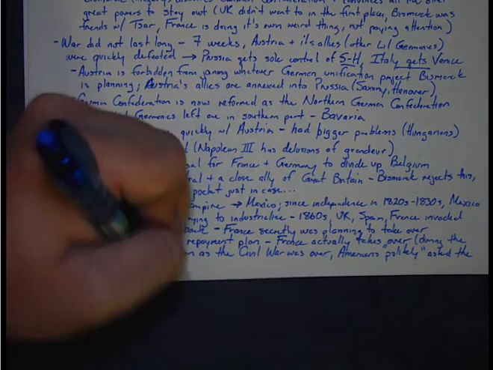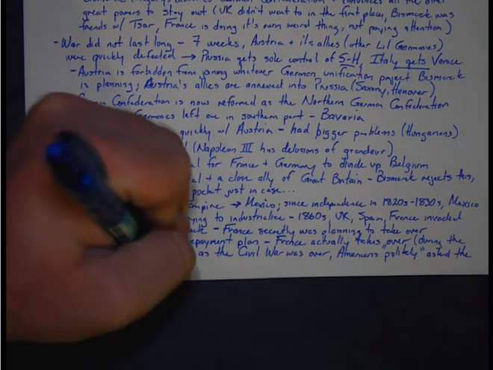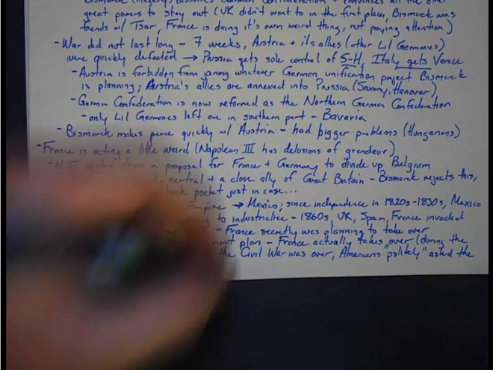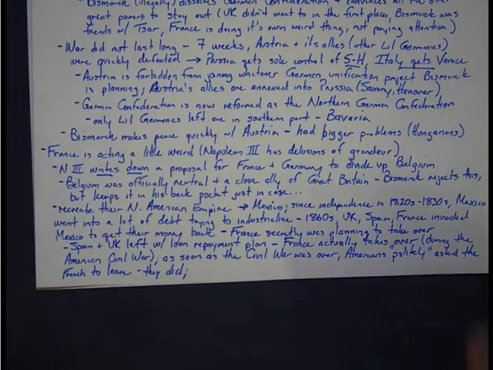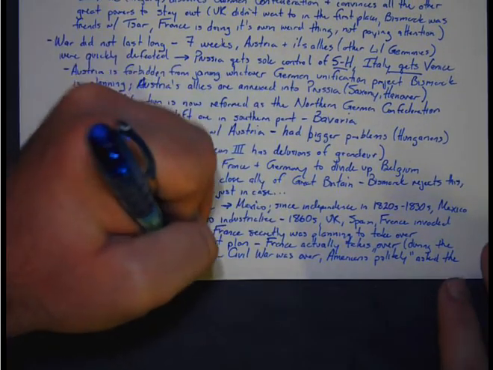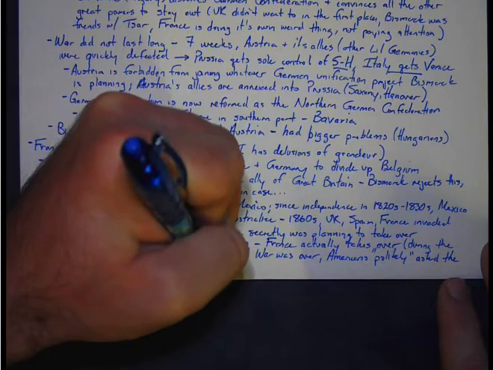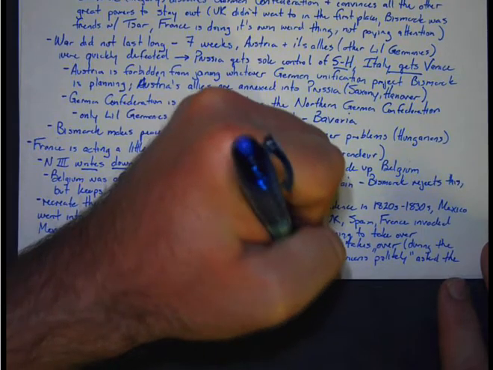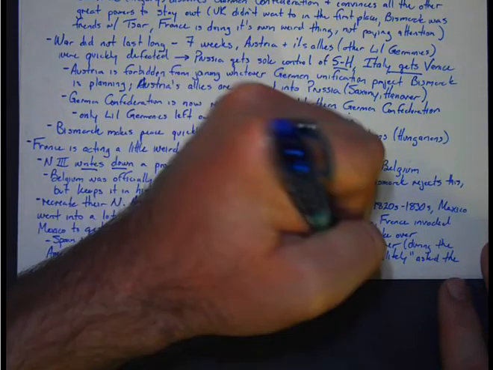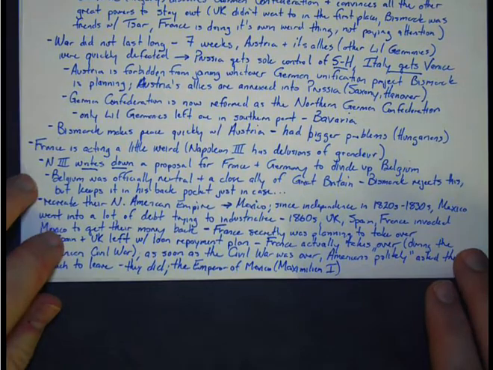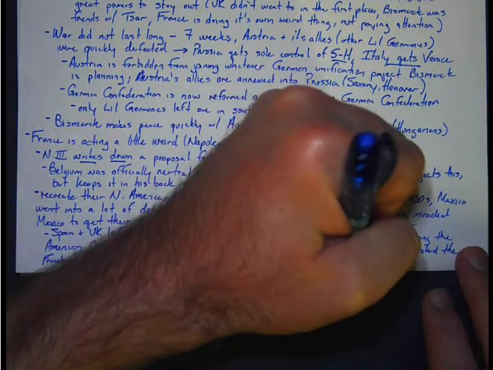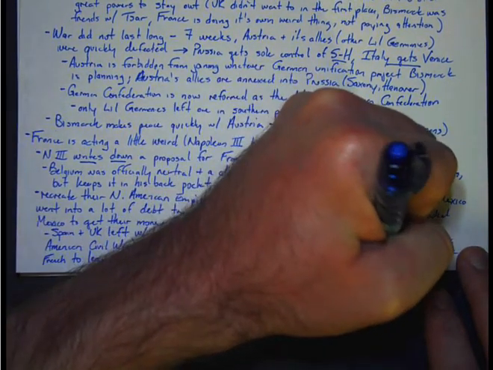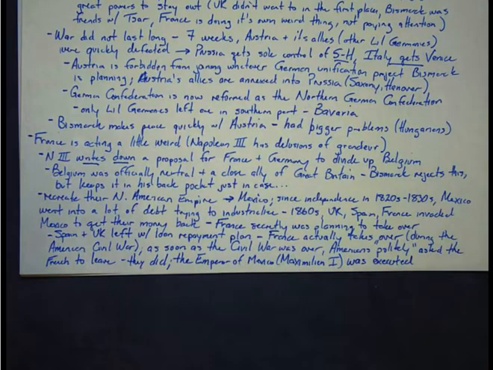Which they did. But, and this is the saddest part of the story, the Emperor of Mexico, who the French had put in place, his name was Maximilian I, was executed and the Mexicans take back over.